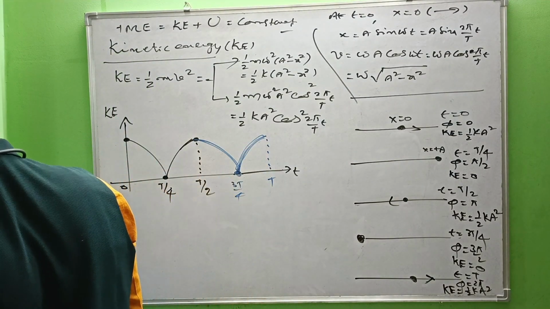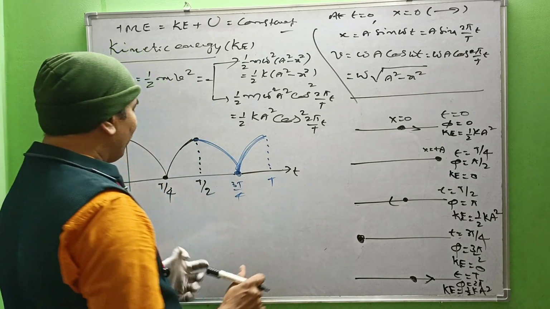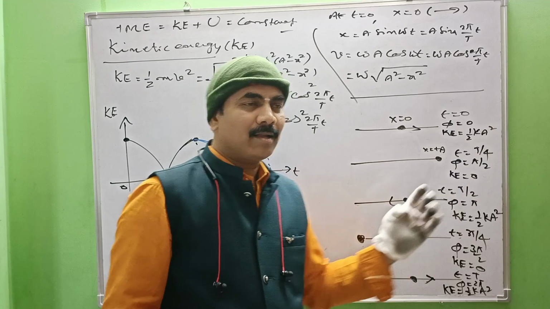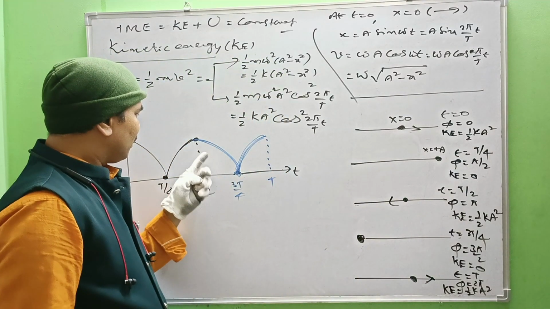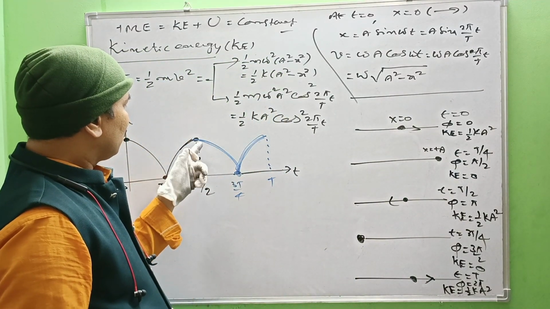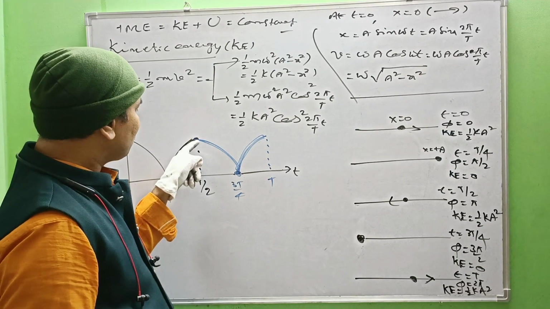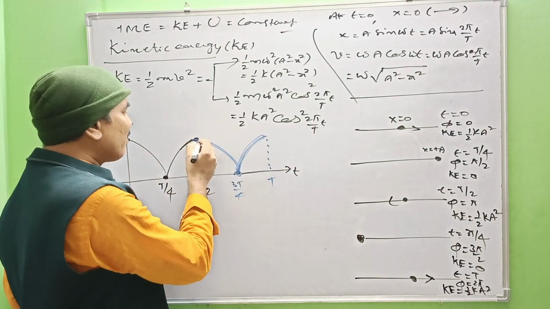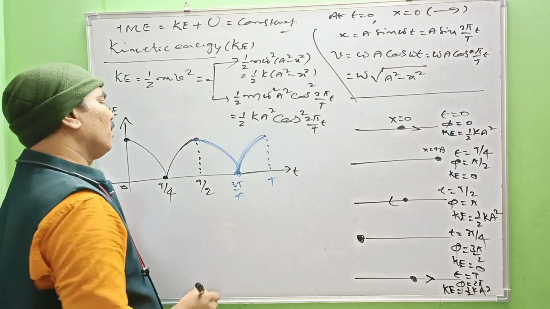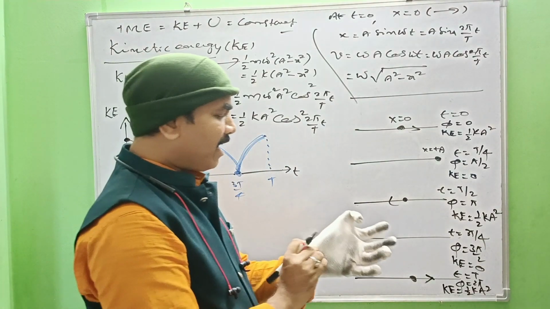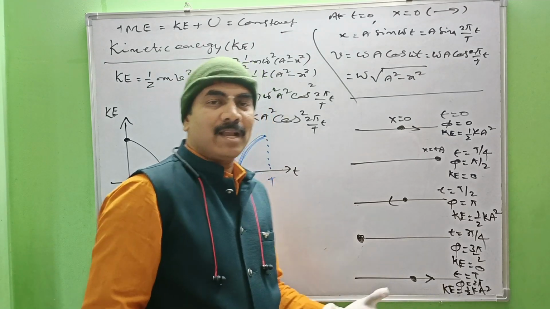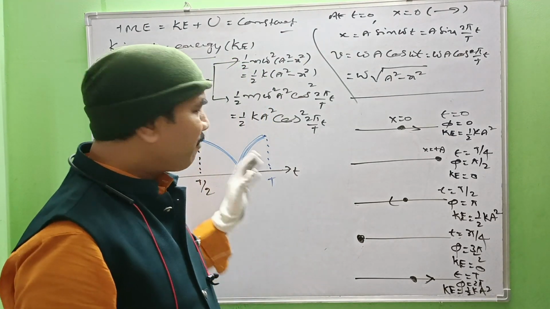See here, within completion of one oscillation, kinetic energy reaches its maximum twice. Here kinetic energy is maximum, and here also one more time. So within one oscillation, kinetic energy reaches twice its maximum value.